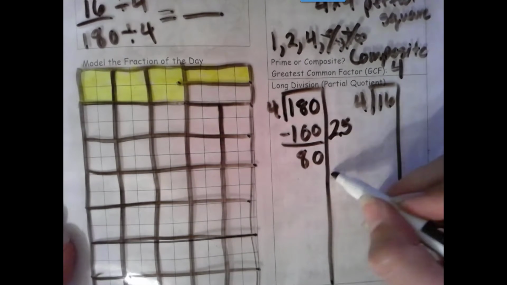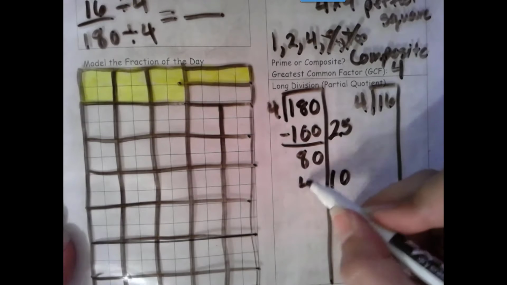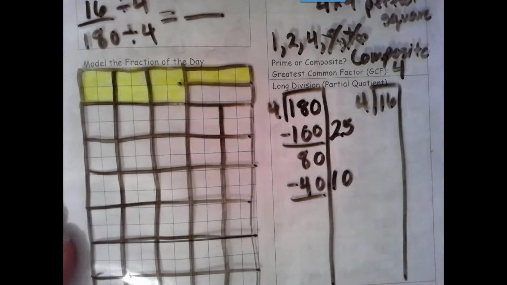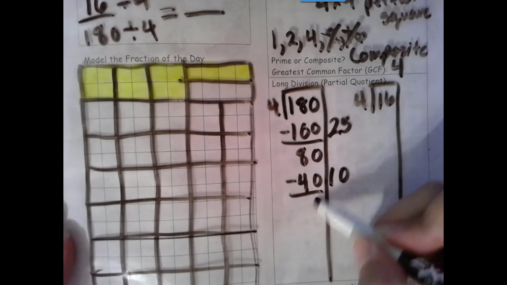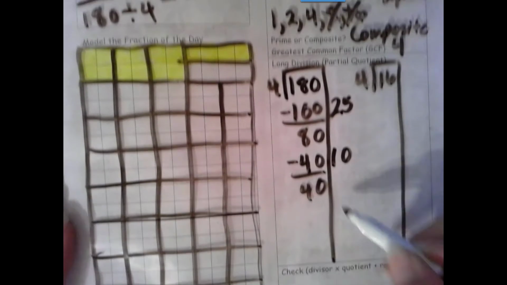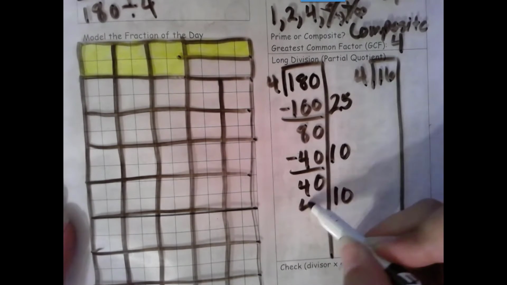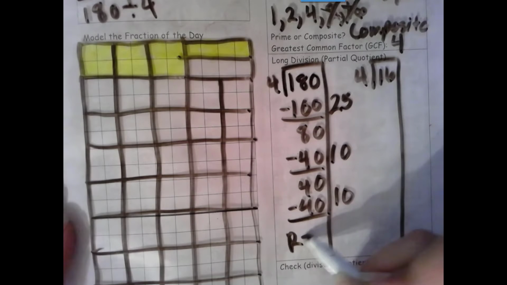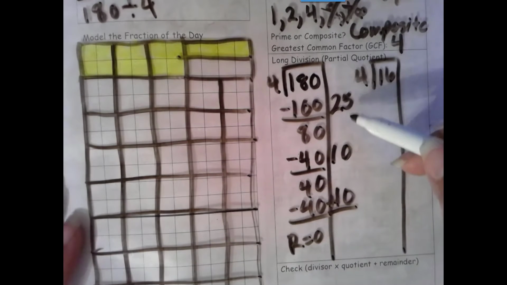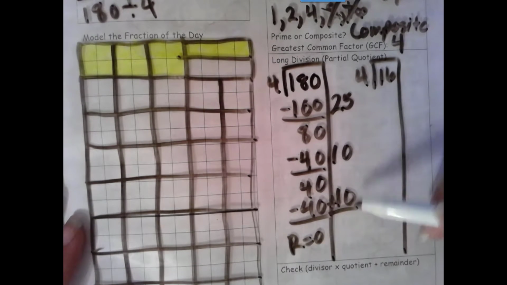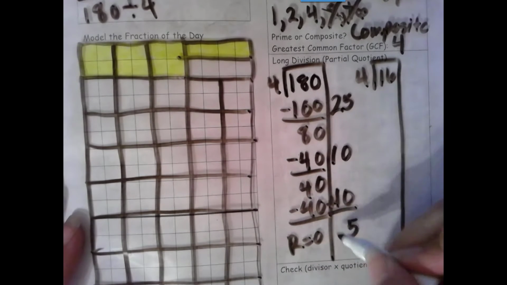Then 10 times 4 is 40. It shifts everything over a place. Numbers the same, zeros a game. Add up our partial quotients: 25 plus 10 plus 10 is 45.